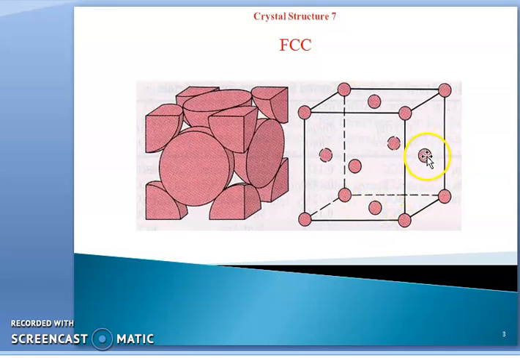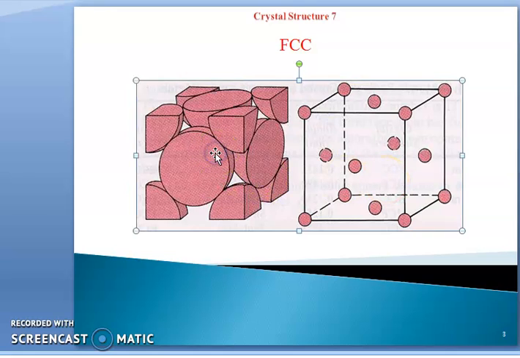Suppose this is the right side face, here an atom is arranged. Upper side face, here atom at the center. Left side face, an atom is arranged at the center. Here bottom side face, arranged here. Front side this, back side this. I mean, the atoms are arranged at the corners and at the centers of the faces.